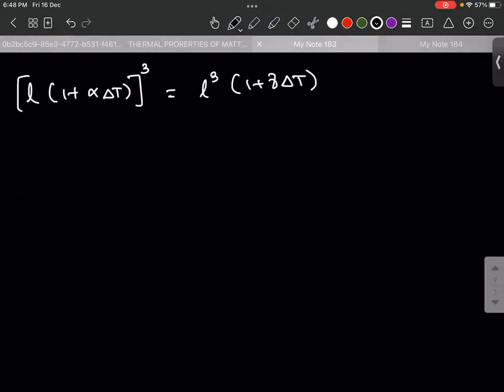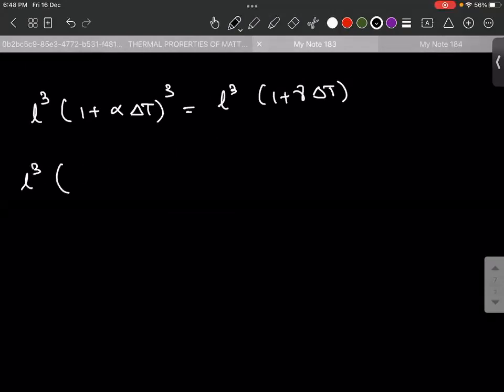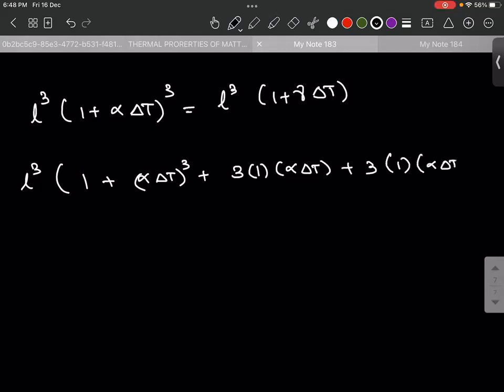Right? So when you expand and write it, you will have L cube into (1 plus alpha delta t) the whole cube, is equal to L cube into 1 plus gamma into delta t. So what is (A plus B) the whole cube? It is A cube plus B cube plus 3A square B plus 3A B square. This is the left hand side.